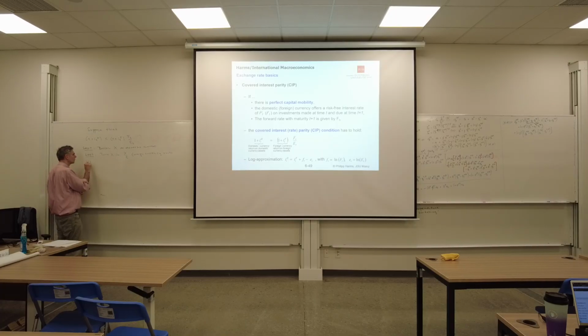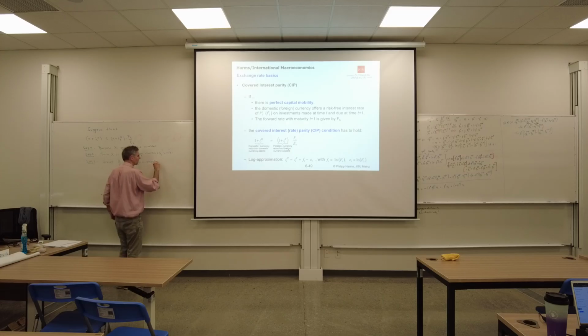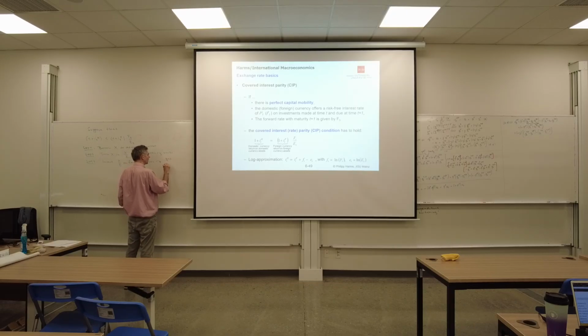Step 3, invest X over E on the foreign market, and the return is, or you get, X over E times 1 plus i_F at maturity.